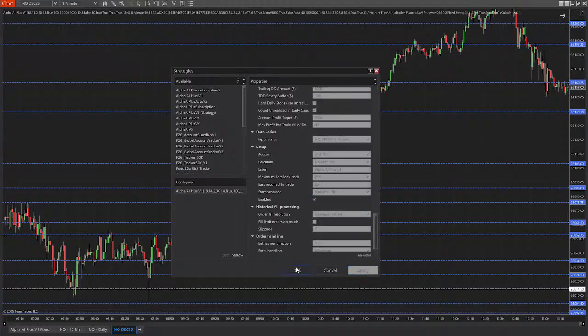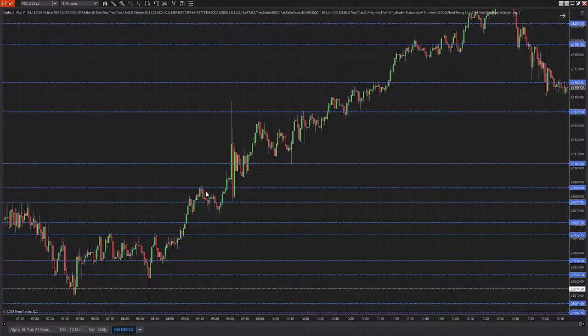Enable. Just got to come in. Still loading.